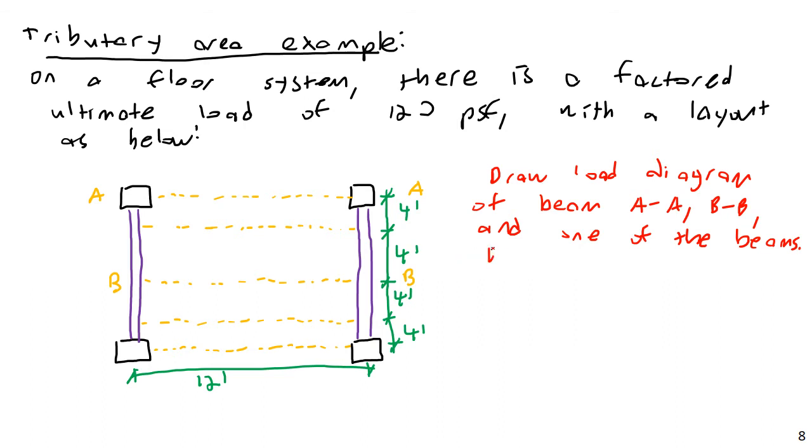For now, ignore member self-weight. That would be added as just part of the beam line load.